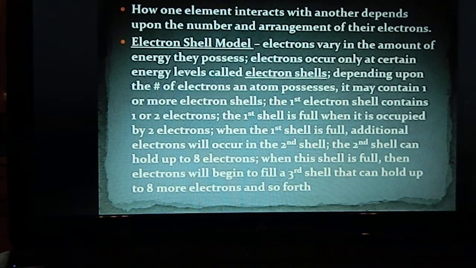And so once that second energy level or shell is filled, then if you have more electrons, they're bumped up to another energy level or electron shell, and it can hold up to 8.